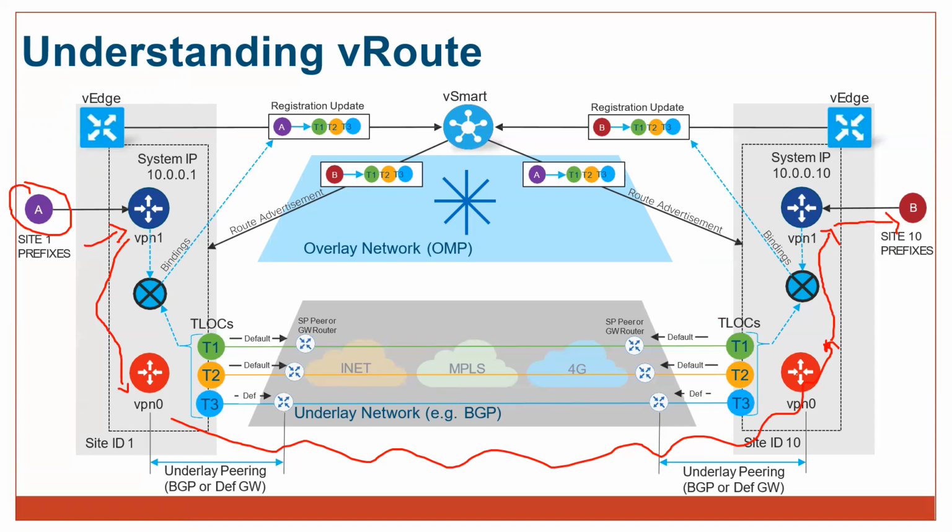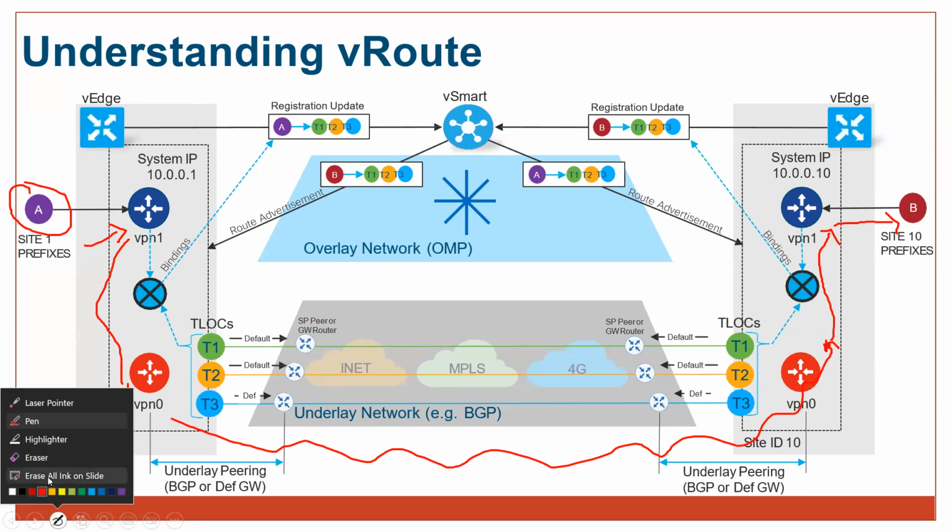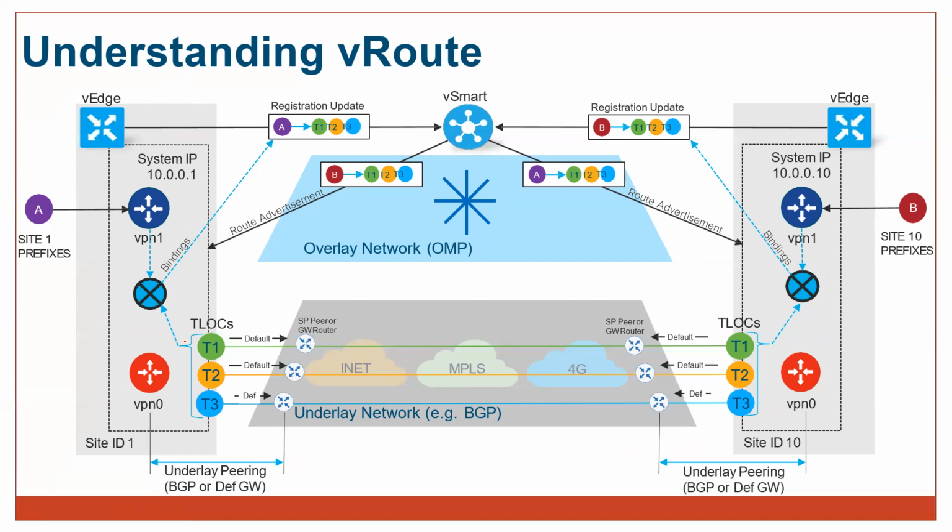Because as we know, in VPN 0 you should have some interfaces. Suppose you have 3 interfaces, say gig 1, gig 2, gig 3. These belong to three different ISPs, but we know that over VPN 0 we have a data plane IPsec tunnel.